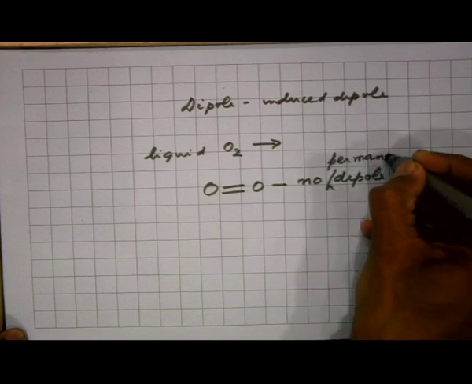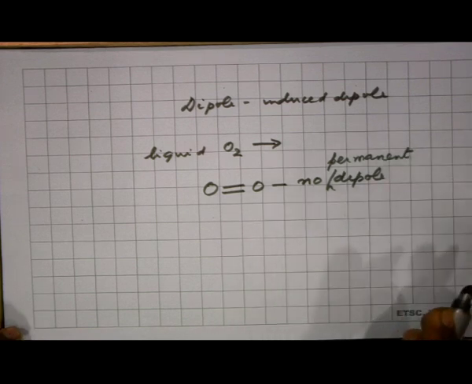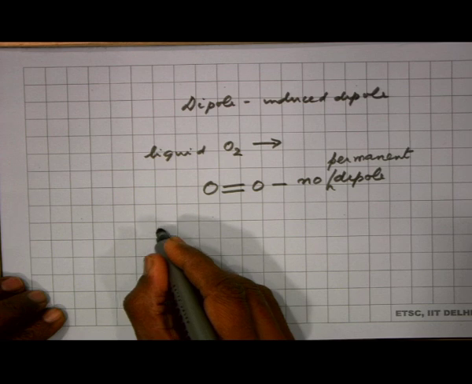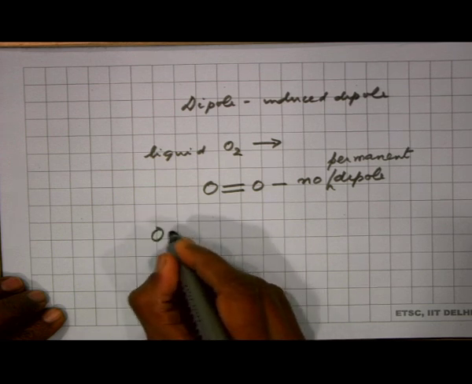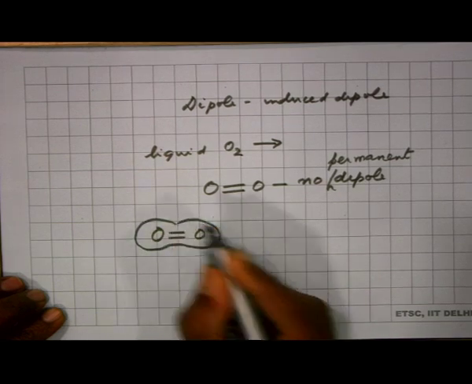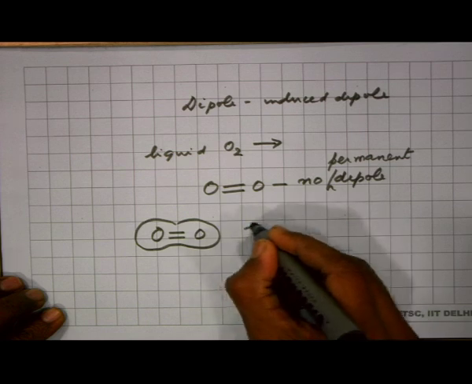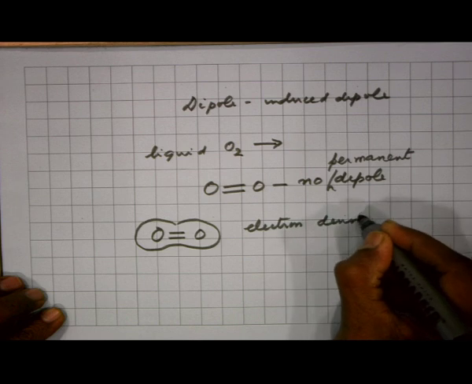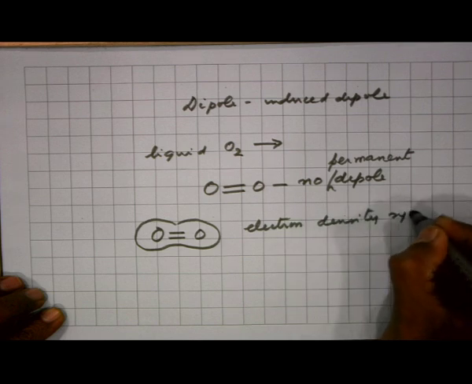That is important, that there is no permanent dipole. But what that means is that if you looked at it at equilibrium, the electron density is symmetric at equilibrium.